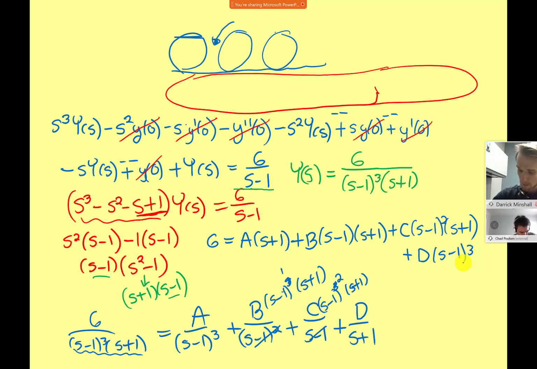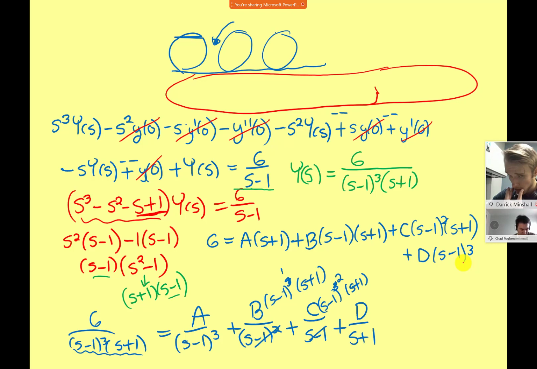Now you can conveniently pick s equals -1 and you can find the d, and I then conveniently also picked, you can pick s equals +1 and you can find a, and then I just chose other numbers to plug in. So I put the a and the d in that I found, and then I let s be 0 and I let s be, I don't know what else I chose, but you can let s be whatever to find those, and I decided that was easier than multiplying it all out.